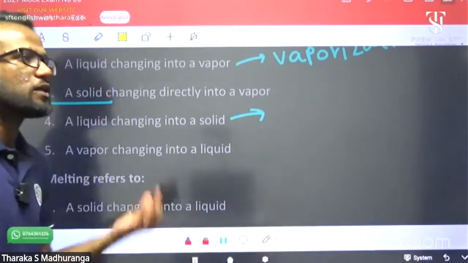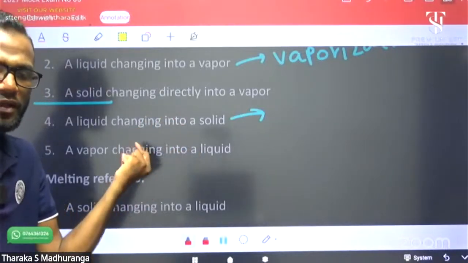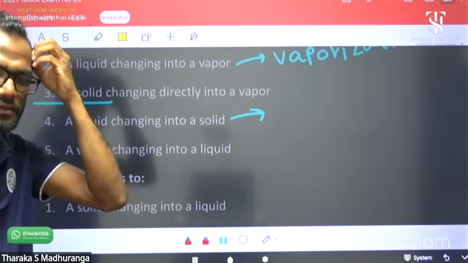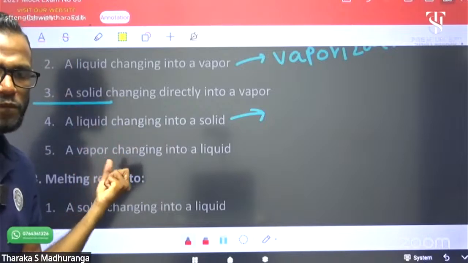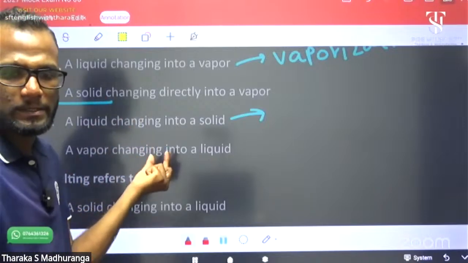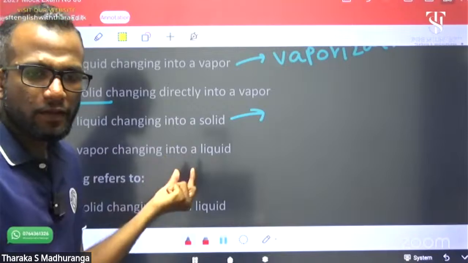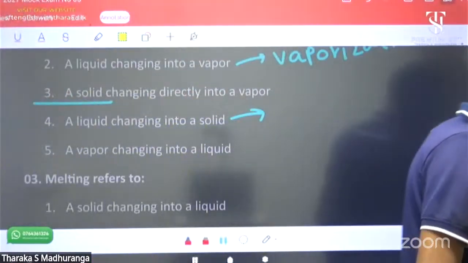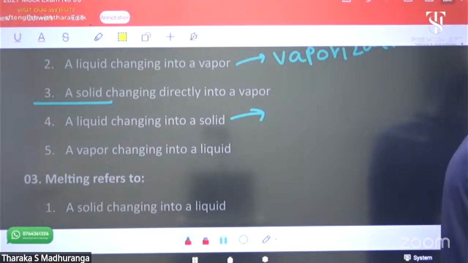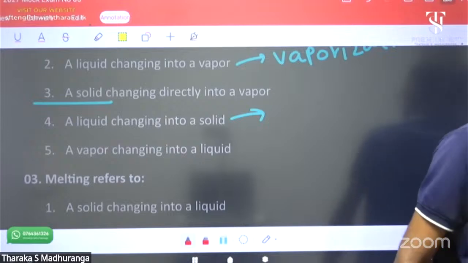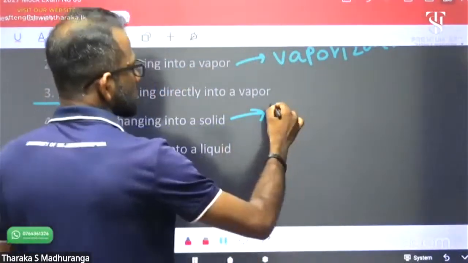A liquid changing into solid, what's the name of that? Mariam, liquid changing into solid. Yes, freezing.